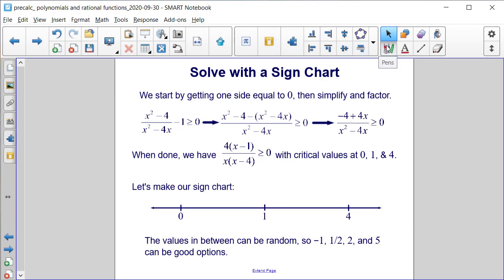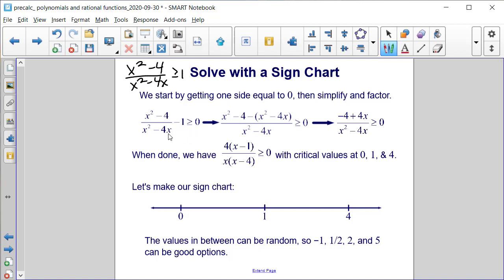So the original one that we had to begin with was x squared minus 4 over x squared minus 4x greater than or equal to 1. We've got to take this 1 and subtract it from both sides to get this inequality related to 0. That was the first step that we did right here. Now it's in relation to 0.